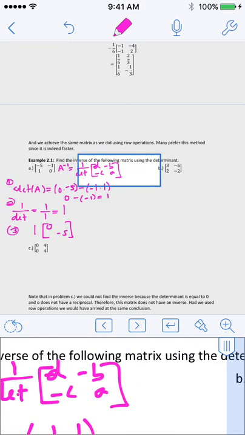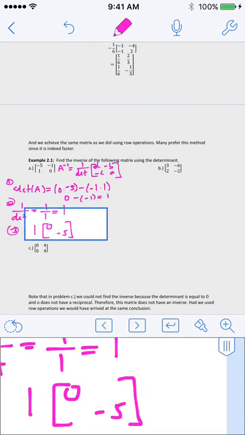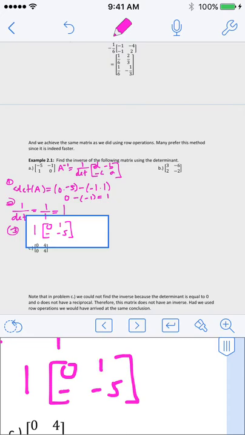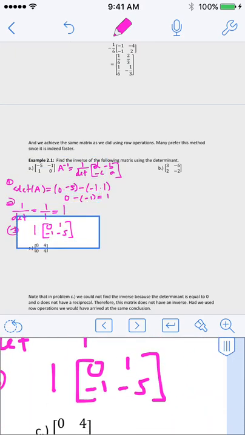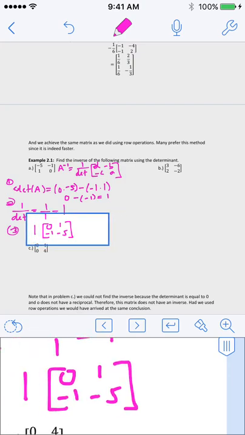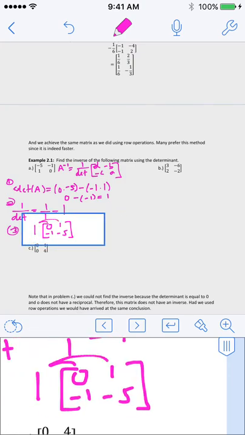Now B and C stay in their respective areas, but they become the opposite version. So we take the negative 1 and the 1 and make it positive 1 and negative 1. We didn't switch them, but we changed their signs. And we have this new matrix. 1 times all of these is a scalar multiplication, so we distribute the 1 in.